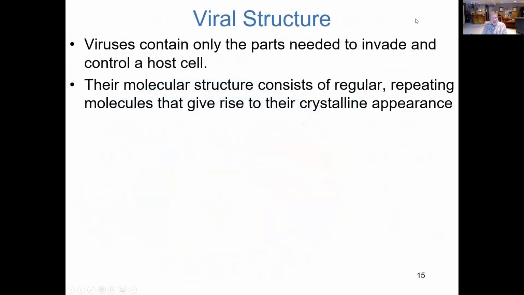So what does a virus have in it? What is it made of? Well, it's a very simplistic structure. It has evolved in a way that it doesn't need to carry much excess baggage with it, because who's going to do all the work in terms of making more viruses?